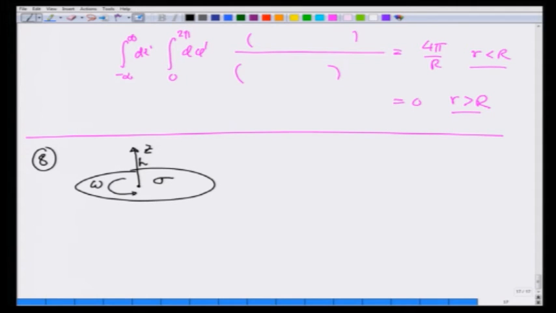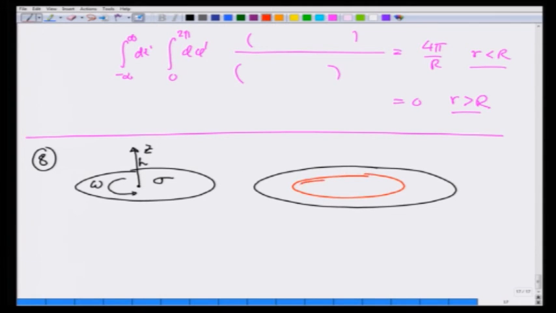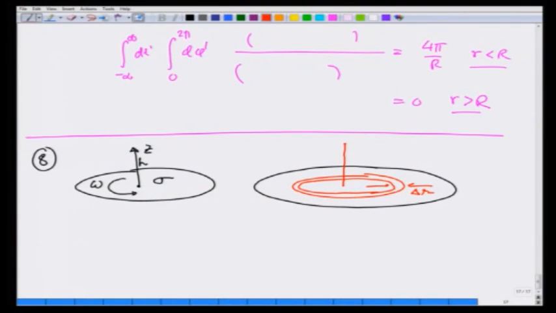What I can do in this problem is divide this disk into small rings of width delta r, calculate the magnetic field delta B due to each ring and then add it up. So, I will calculate the field due to this ring at height z.